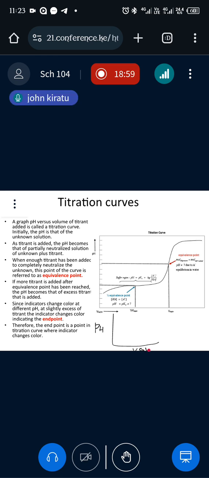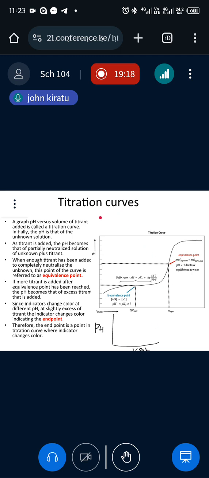So what is a titration curve? It is a graph of the pH against the volume of the titrant added.